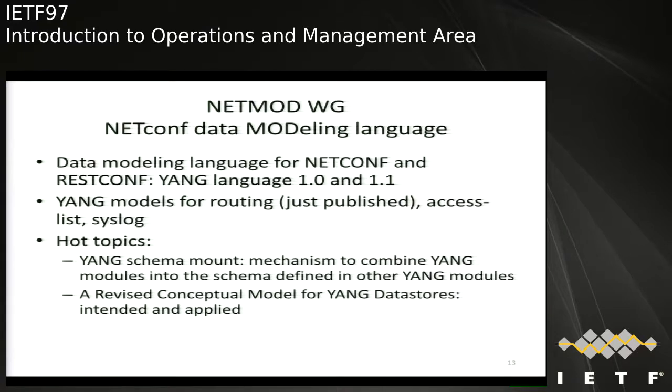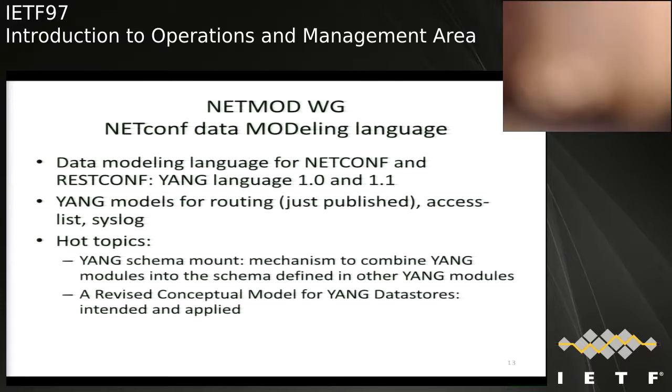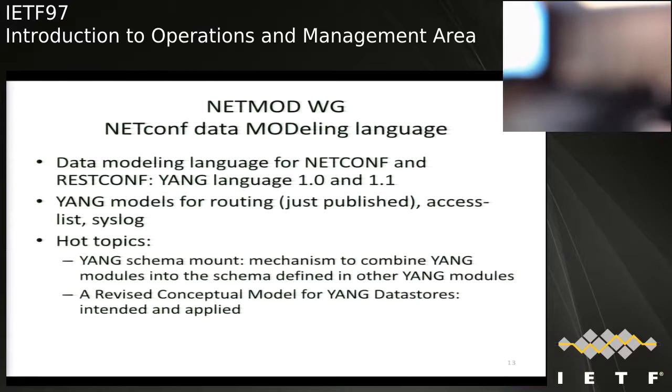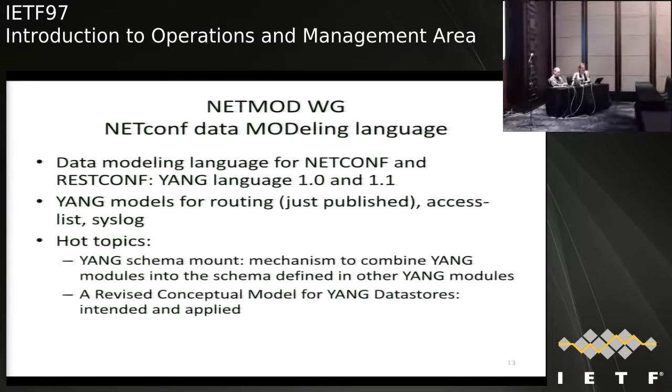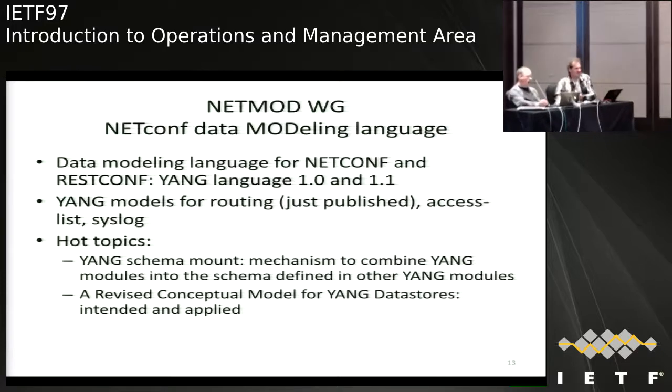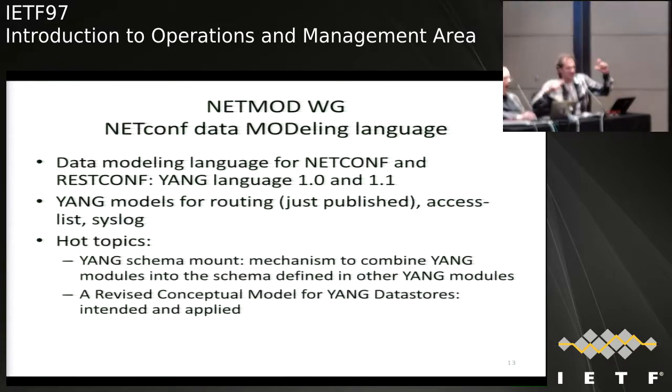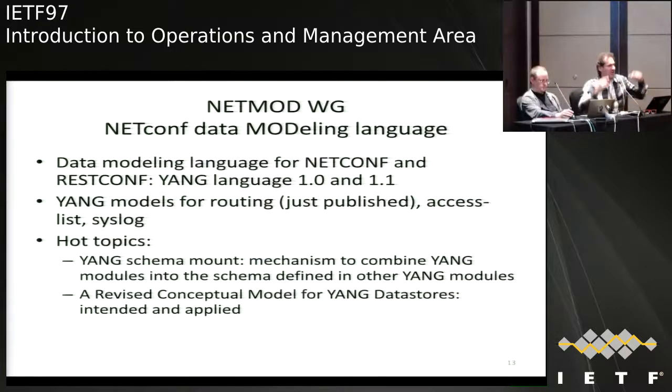Does it mean that I should define all my Yang models with a /VRF at the top? Maybe not, because I also have devices that don't have a VRF. The idea would be, can I just take one part of a Yang module and just mount it into a different structure? So it's going to allow flexibility of integrating schema in different Yang modules. And by the way, we've got many Yang models depending on this specific point.